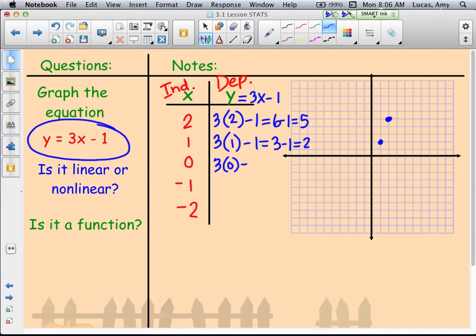So when x is 1, y is 2. Next is 0. Anything times 0 is 0. 0 minus 1 is -1. So when x is 0, y is -1. So I'm just going to keep going with my 5 values. So when x is -1, y is -4. And my last one, -2, is -7.